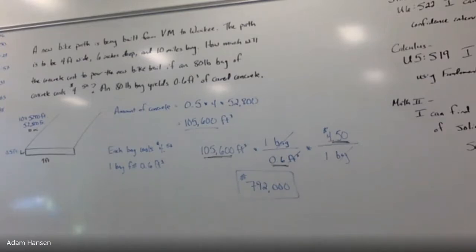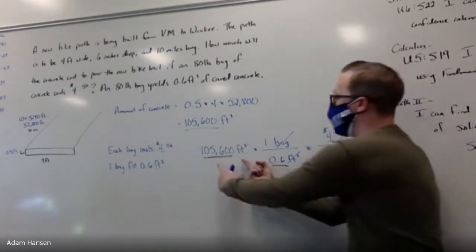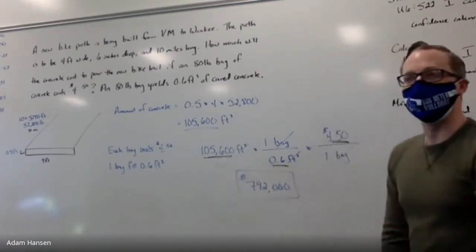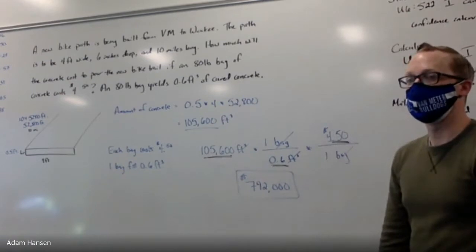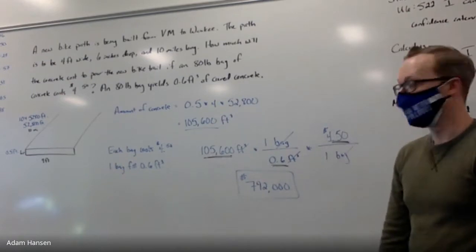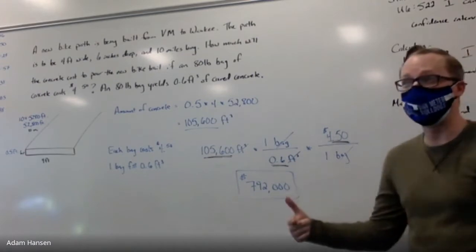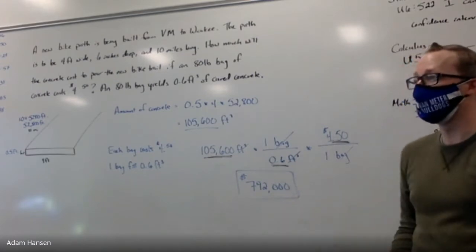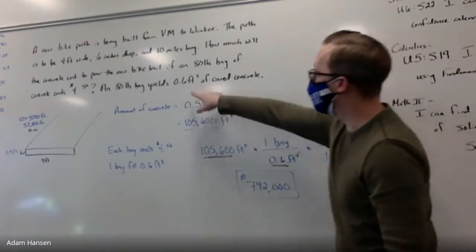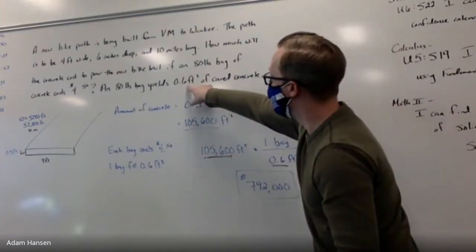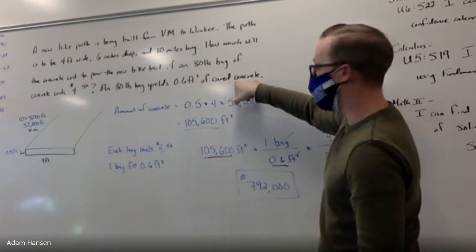Let me run through how I set up that proportion one more time, just to make sure we got this. We started with how much concrete to buy. What would I want to know next? How much it costs. But before I can figure out how much it costs, I first need to know how many bags to buy, right? For every bag, it's going to yield 0.6 cubic feet of cured concrete.